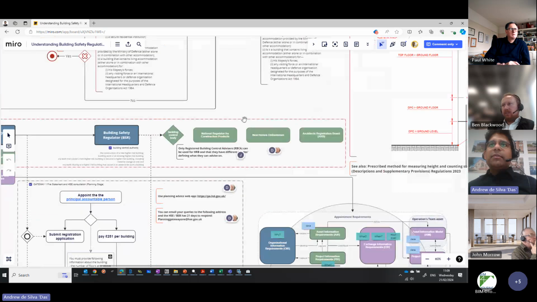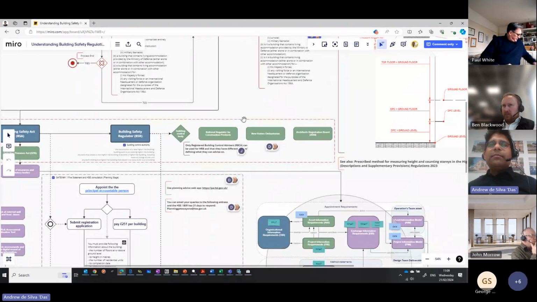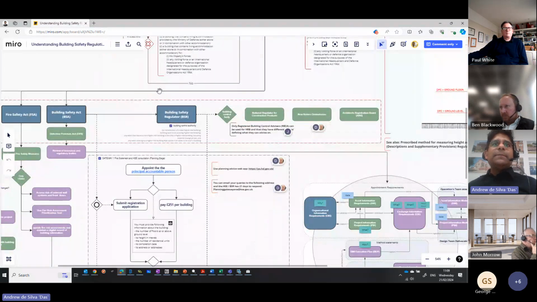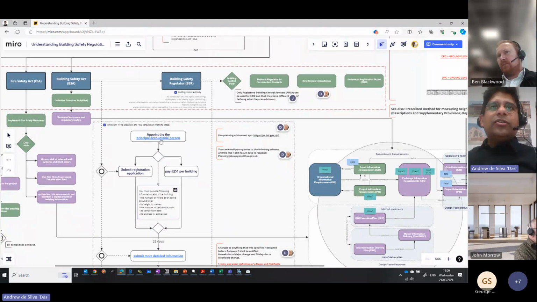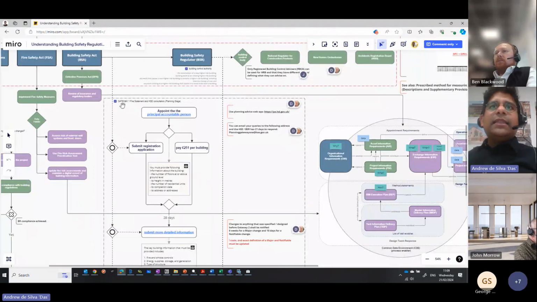But the thinking is that by following these parts, people can understand, and then if they need to, in terms of Gateway 1, this is what needs to be done.